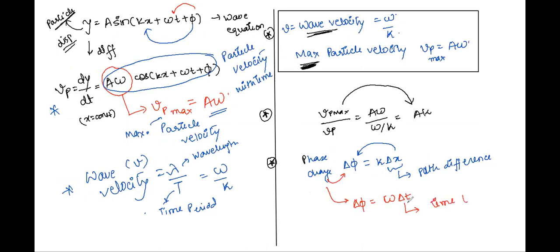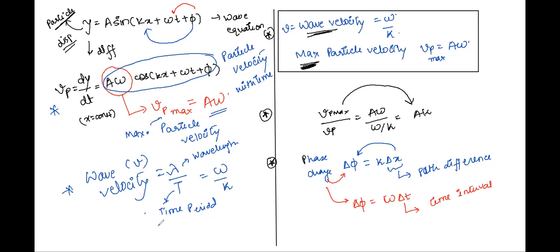Now, what does this mean, class? When I'm writing delta phi, what does it imply? So it means that phase is dependent on both path difference and time interval.